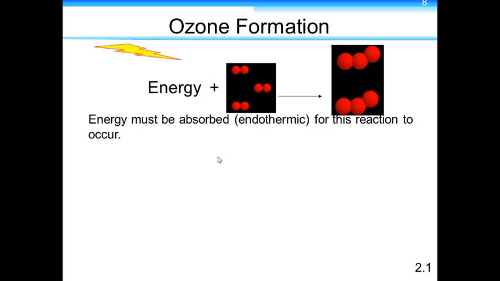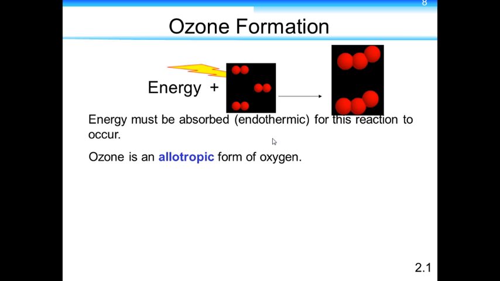Now, ozone is formed from the absorption of light by oxygen molecules. We talked about earlier, it also breaks down in light. So it's a reversible process in a way. Ozone is what is called an allotropic form of oxygen. What does that mean?